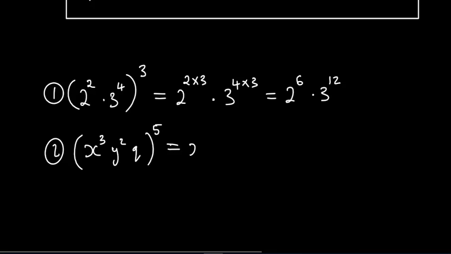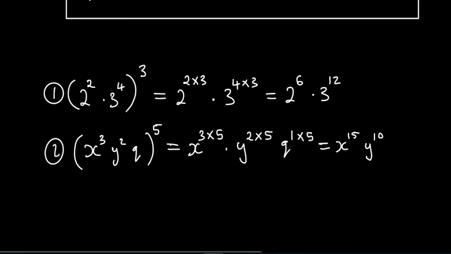So you're going to have x to the exponent of 3 times 5, then y to the exponent of 2 times 5, then q to the exponent of, no exponent written means it's 1, times 5. So this will result in x to the 15, y to the 10, and q to the 5.